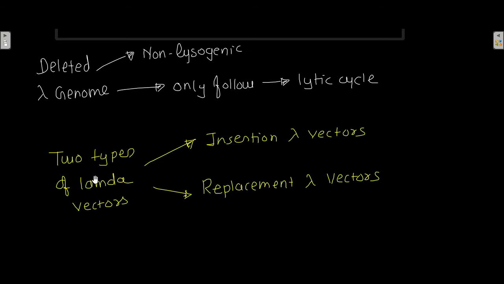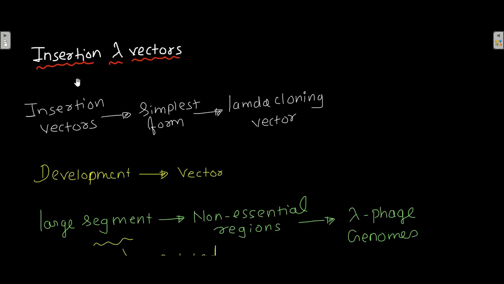Now there are two types of lambda vectors. The first type is insertion lambda vectors, and the second type is replacement lambda vectors. Insertion lambda vectors are the simplest form.